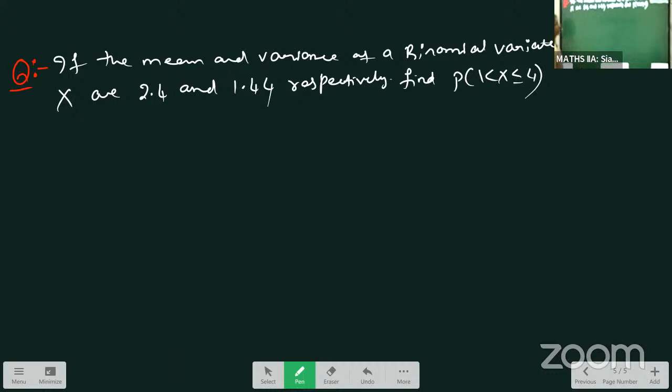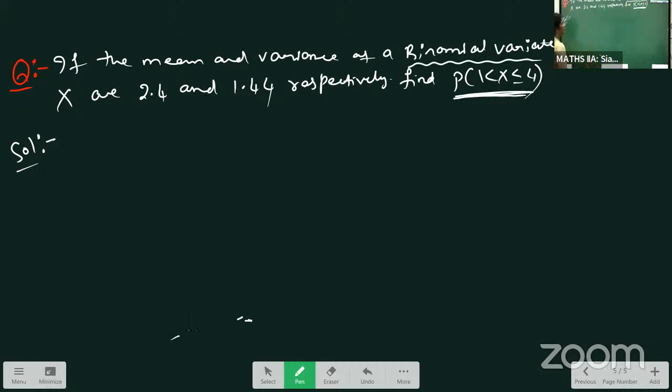Before going to this value, we need n, we need p and we need q. So from the given data, we have to get the n, p, q values. The solution goes like this. Clearly the question says X follows a binomial variate.